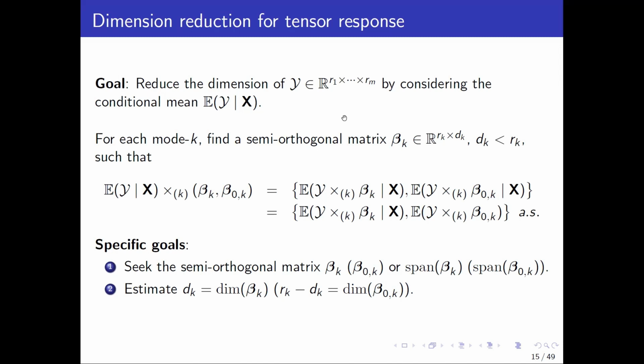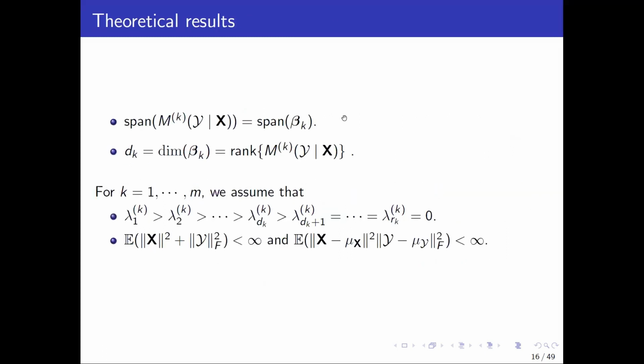So I would like to mention one thing. Like in other dimension reduction literature, this beta K is not unique, but the space that is spanned by this beta K is unique. So we should target searching for the identifiable space, instead of focusing on this beta K. It looks like all of the necessary information is captured in this mode K TMDD.